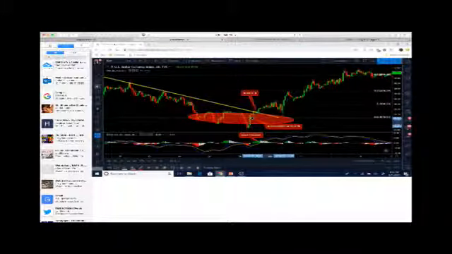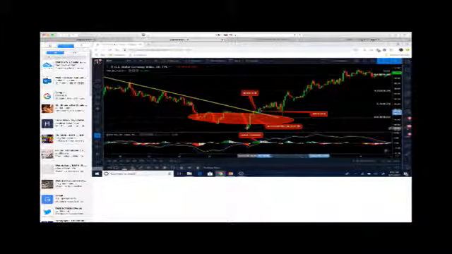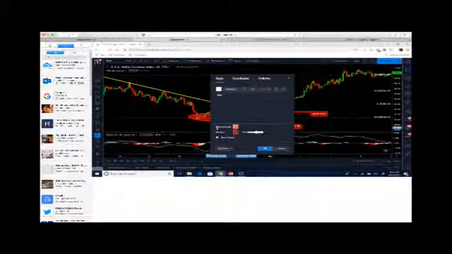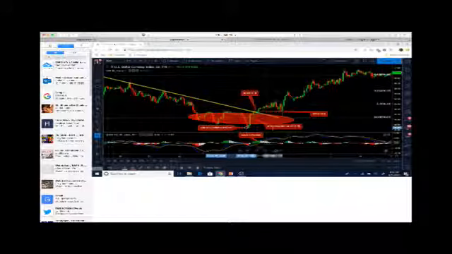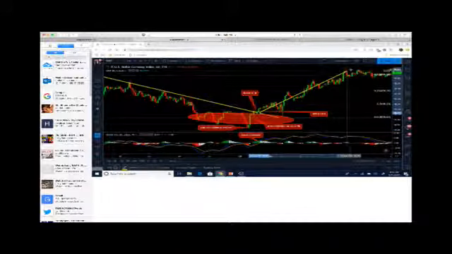So now this is a good area for me to enter the market, right? So entry here, stop loss below previous low, and then as you can see, move to the upside.